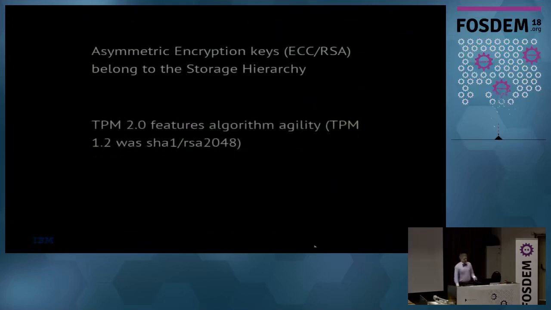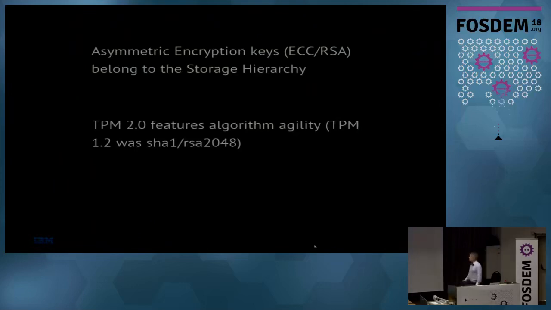The great thing about TPM 2.0 as opposed to 1.2 is that it features algorithm agility. So it can actually do many hashes, it can do many key lengths for RSA, and it can do many elliptic curves. And actually, any other different cryptography that came along, it could probably do it. Post-quantum, not sure about, it hasn't come along yet, but eventually when it does, there would probably be a TPM 2.0 specification for it.